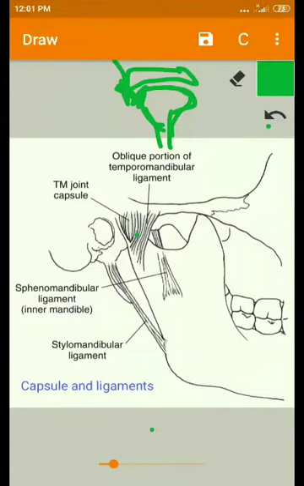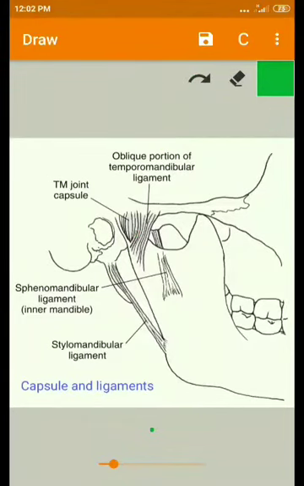Its fibers are almost horizontal, and this will resist the posterior motion of the condyle. So this is about the inner portion of the temporomandibular ligament.